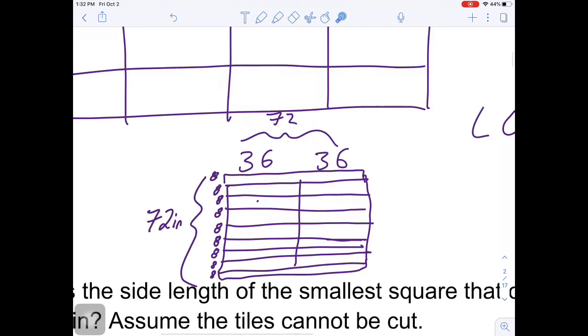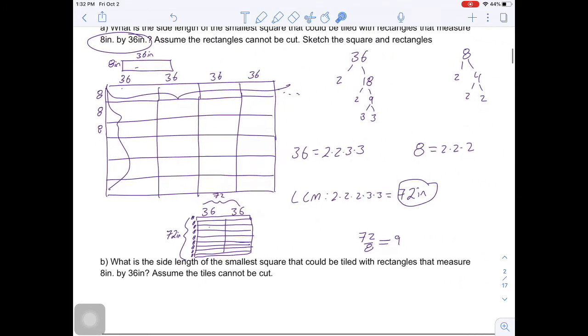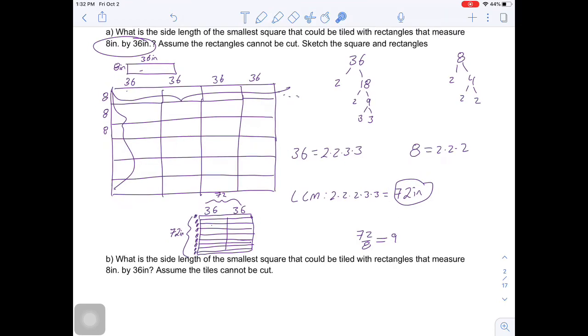So now you can see we have side lengths that are the same, and that's what the lowest common multiple has helped us find. In total, how many tiles will we need? Well, we'll need 9 times 2, so 18 tiles total. This will be the smallest side length that we can make in order to make a square.